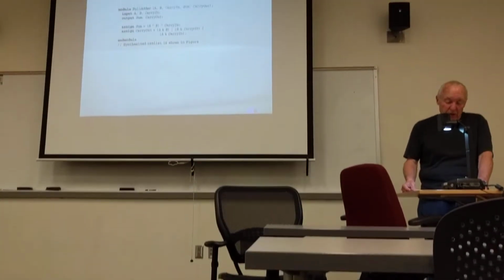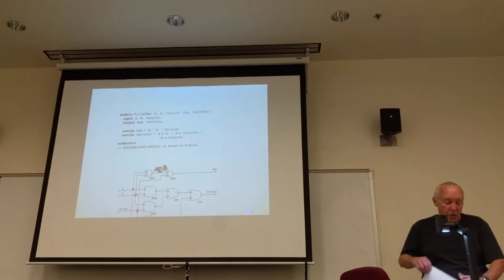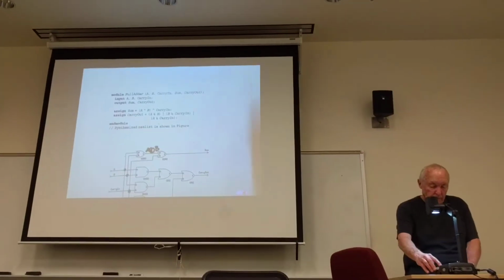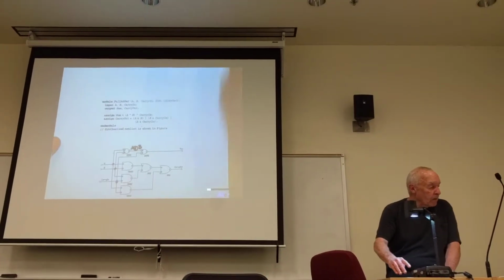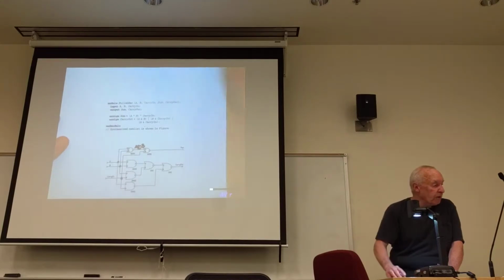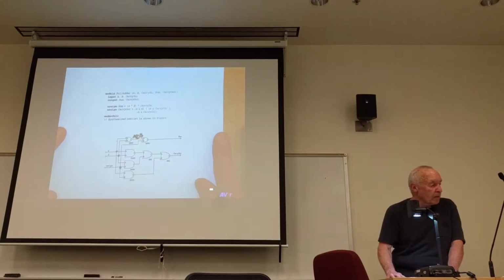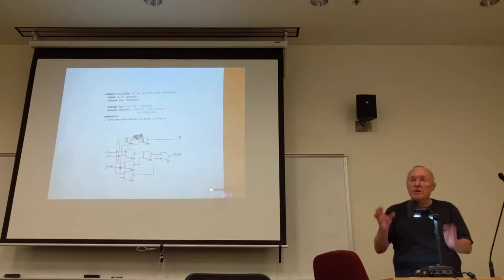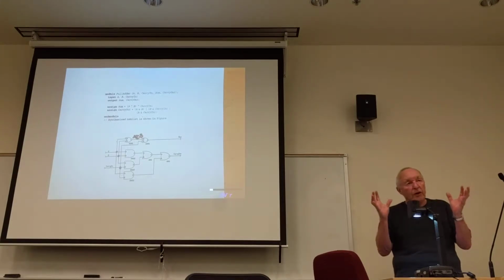When you write a Boolean expression like that, you're always going to get a combinational logic circuit. It translates one for one with whatever you put into the Boolean expression into a logic gate.